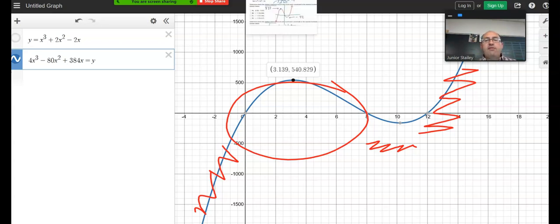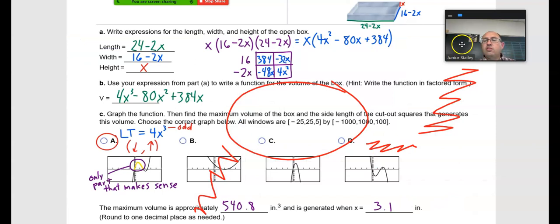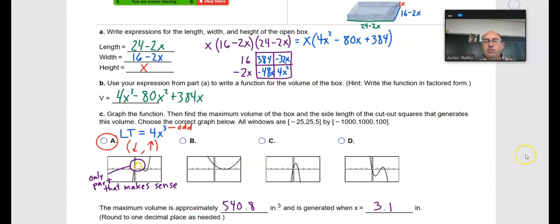So that information is what I used to answer the final question. The maximum volume is 540.8 and is generated when I decide to cut 3.1 inches out of the corners.